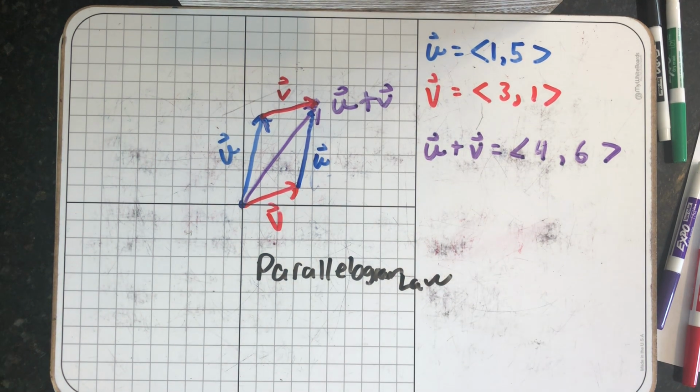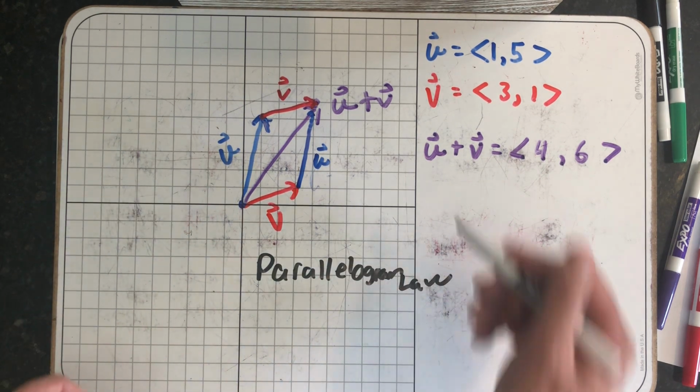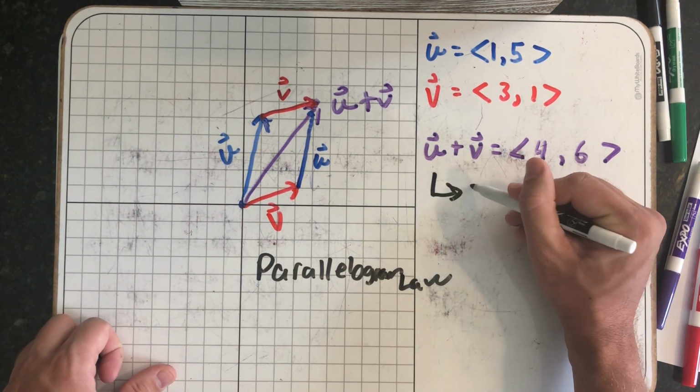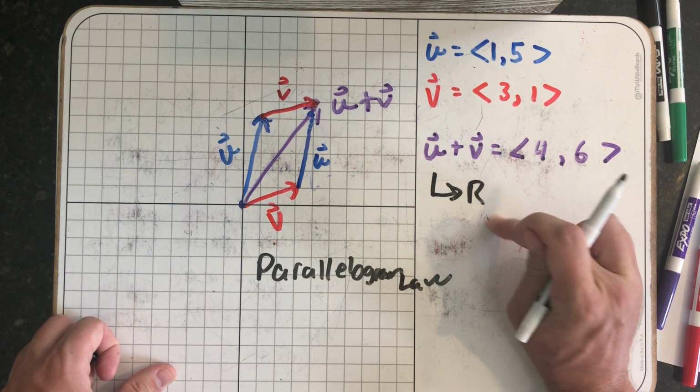For adding vectors, the sum of u plus v is always that long diagonal in that parallelogram spanned by u and v. So that's a nice thing. The vector u plus v is also called the resultant vector.